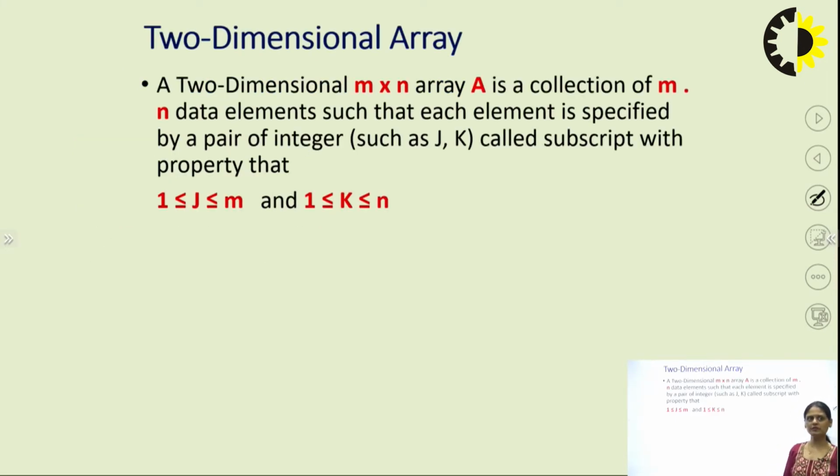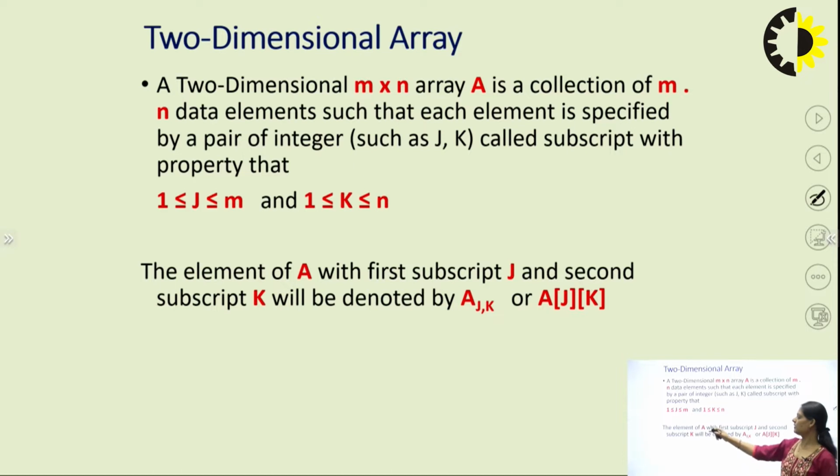So a 2-dimensional array, a 2-dimensional array M cross N, is a collection of M cross N data elements, such that each element is specified by a pair of integers called subscripts, with the property that j lies between 1 to m and k lies between 1 to n.